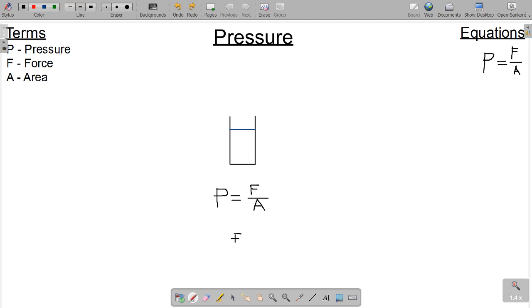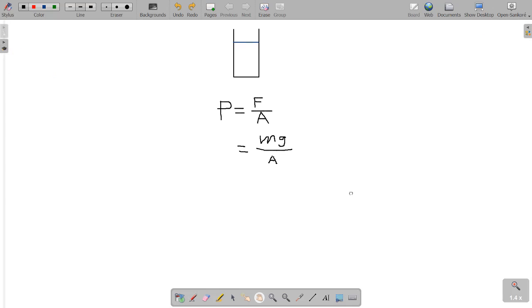Here we define m to be the mass of the fluid and g to be the acceleration due to gravity, over A. Now let's introduce density, which is the Greek letter rho.